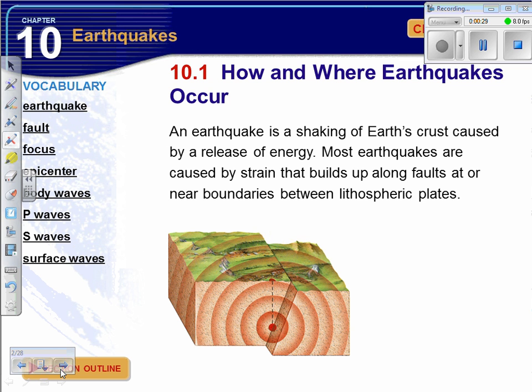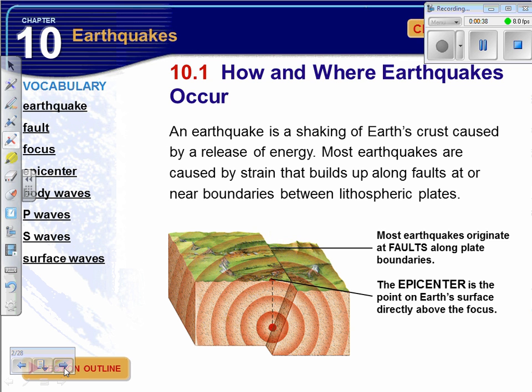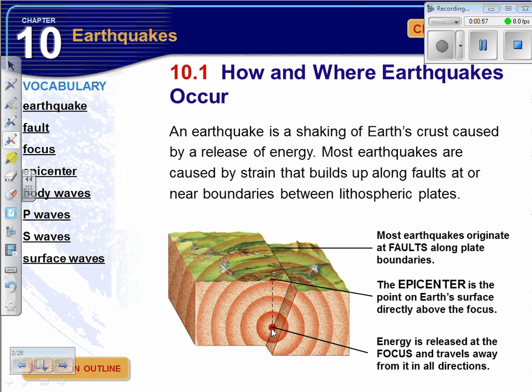This graphic looks at a typical fault, and most earthquakes will originate along these fault or plate boundaries. The epicenter, one of the vocab words we're going to look at, is the point on the Earth's surface directly above the focus, and the focus is the origin of an earthquake underground, usually at the boundary or at the point where the earth is cracked or broken.